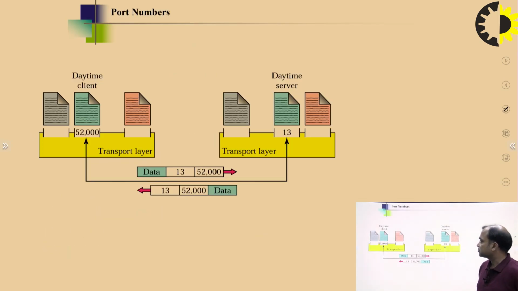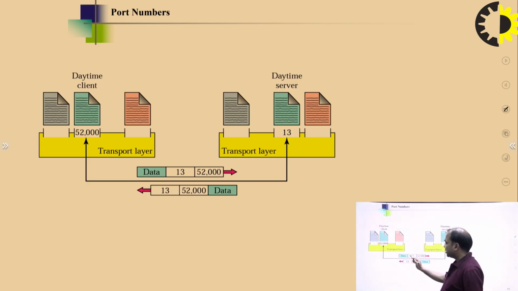Next, port number. Suppose we have a process with port number 52000, and another, a daytime client, with port number 13. This is how we write the port number. We have the data, then a port number, and then the data and another port number.